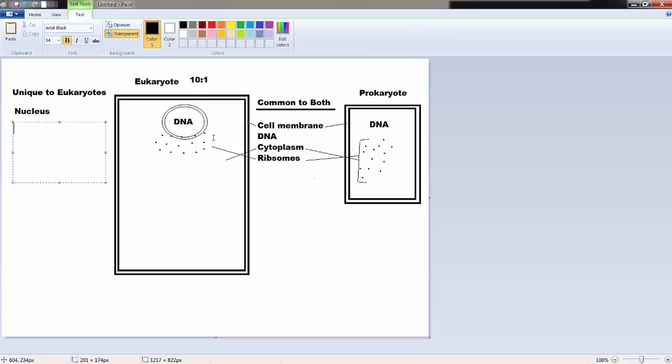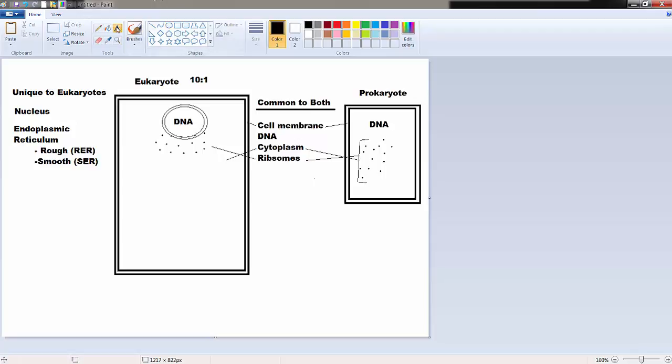Next, we'll talk about how these ribosomes I mentioned are organized. There's a structure here called the endoplasmic reticulum, and there's actually two types. One type is called the rough endoplasmic reticulum, abbreviated RER. And then you've also got smooth endoplasmic reticulum, abbreviated SER. Now the rough endoplasmic reticulum, we'll talk about that first.